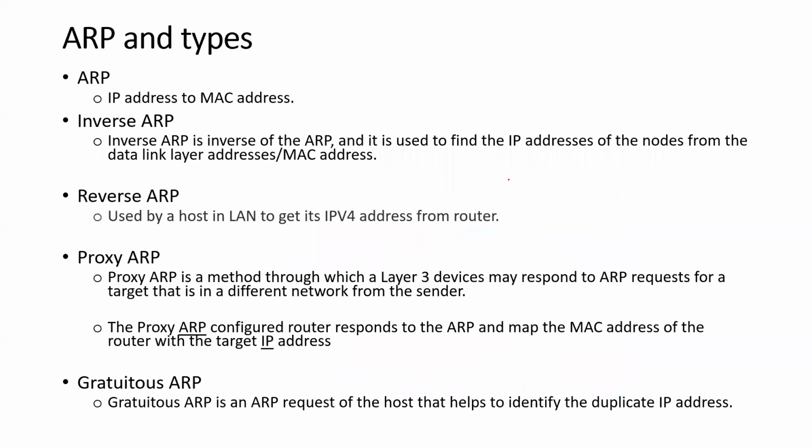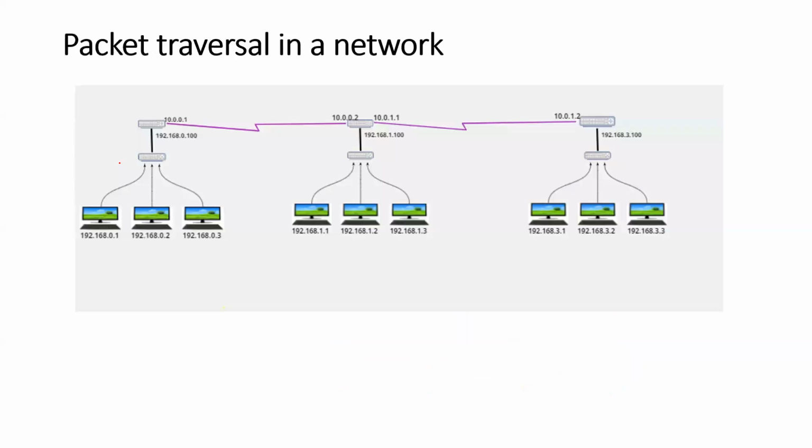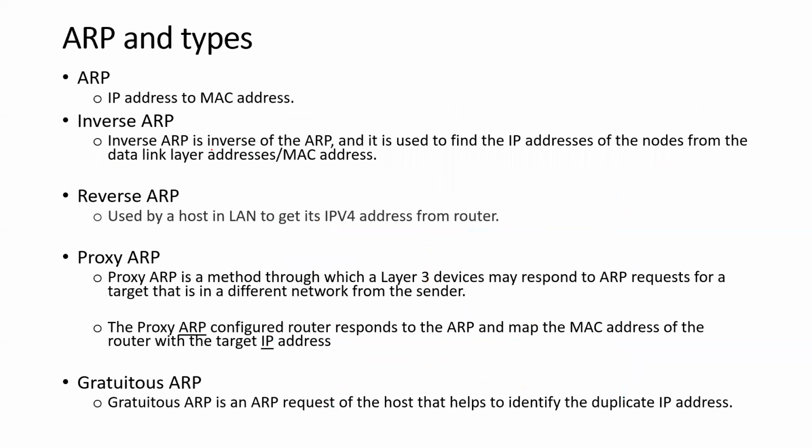And we have ARP, we discussed it, no? ARP stands for address resolution protocol, right? We have different types of ARP available. Let's discuss those. ARP converts an IP address into a MAC address.